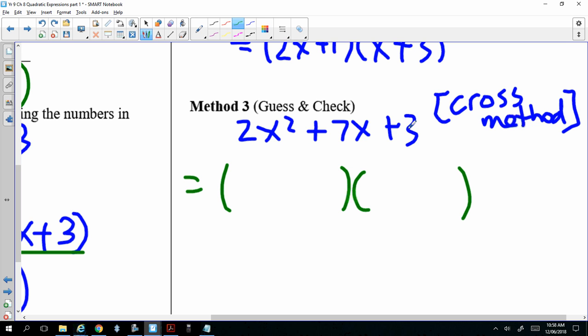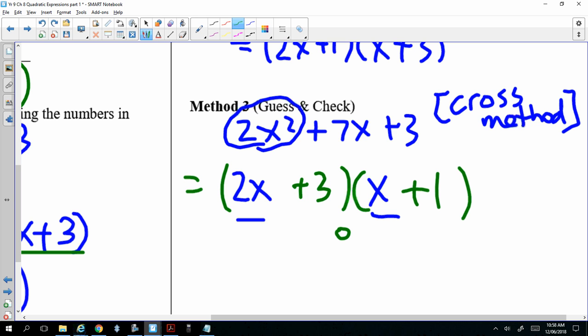Now, you have to find two terms which multiply to get 2x squared. Which two terms would it be? 2x and x. So you guess what's going to be the answer. Now, which two terms multiply to get 3? Well, you can put 3 here, or you can put like this.